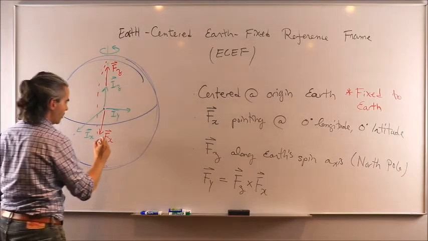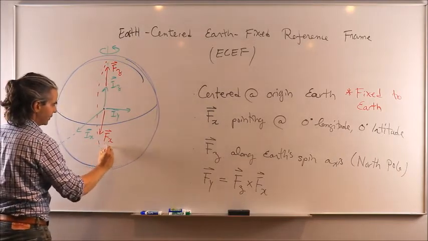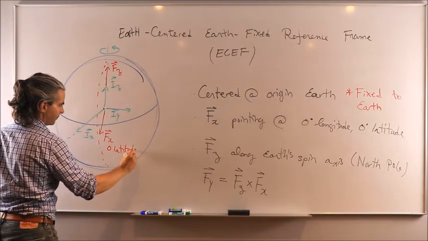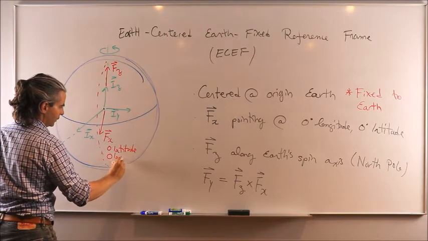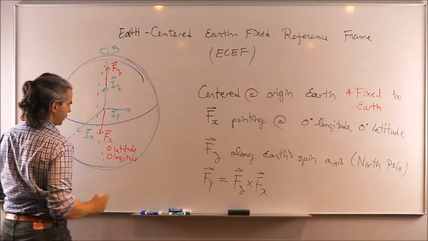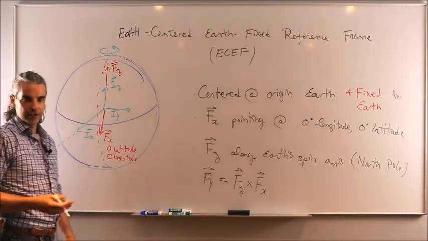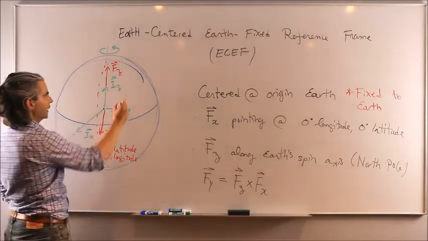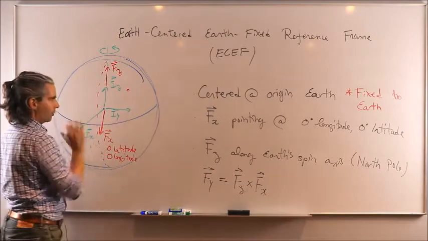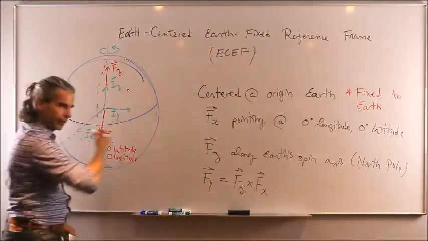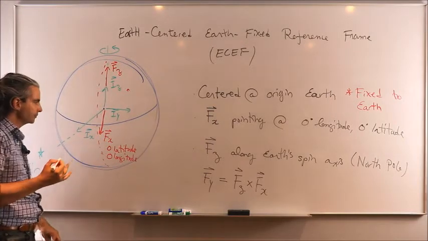That specific point is 0 latitude and 0 longitude. Or in other words, this unit vector with respect to Ottawa is always the same. The offset between this and, say, if Ottawa is here, will always be the same. So Fx does rotate with the Earth, okay?